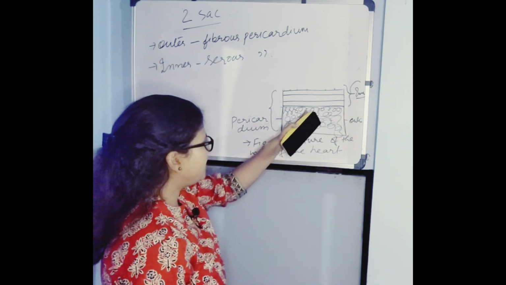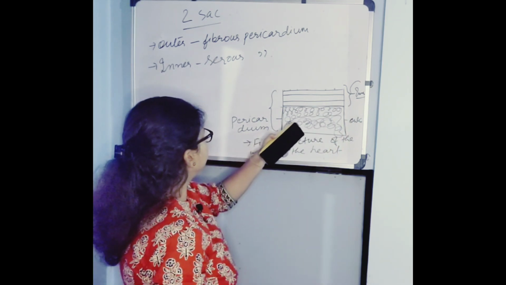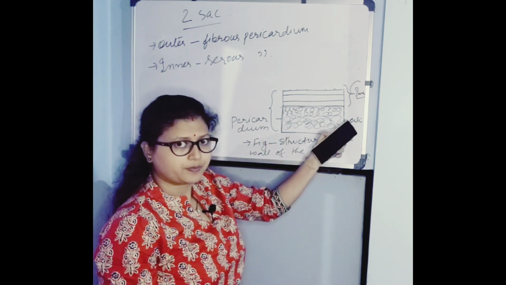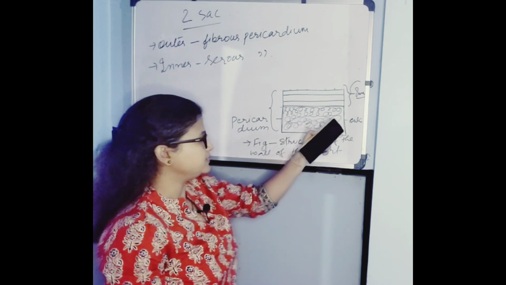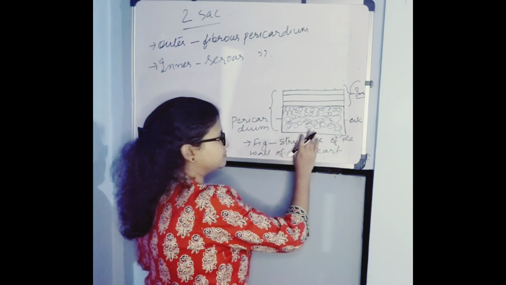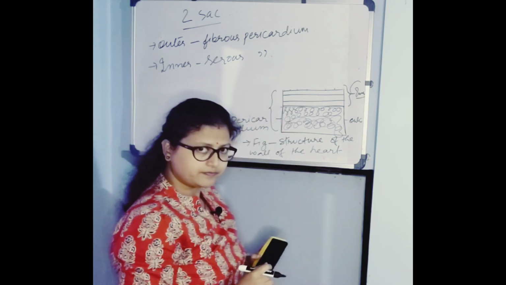Okay, now the outer is known as the fibrous pericardium because it consists of fibrous tissue. The outer pericardium consists of fibrous tissue. That is why it is known as the fibrous pericardium.